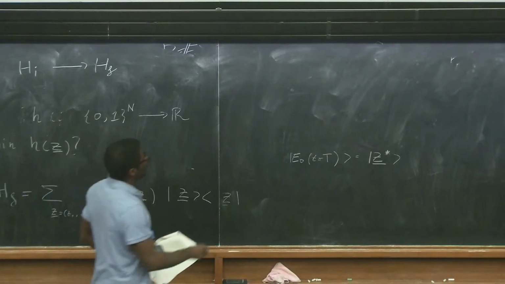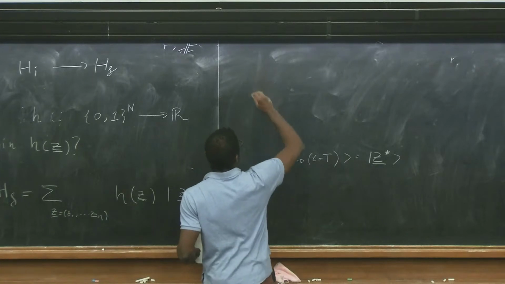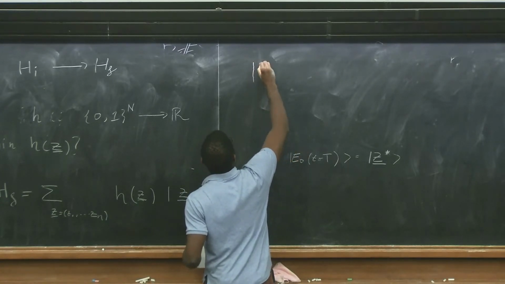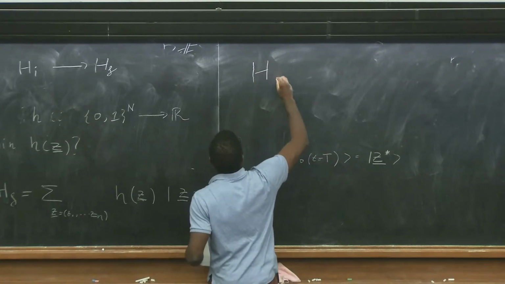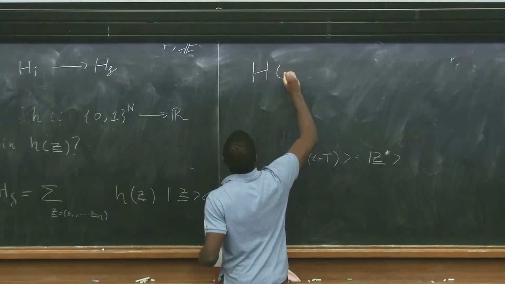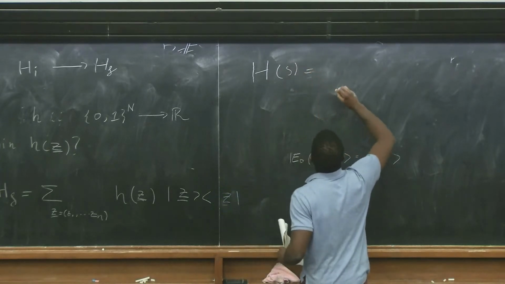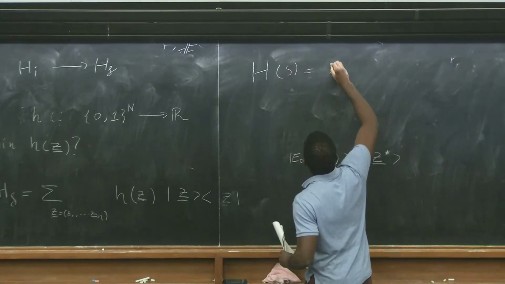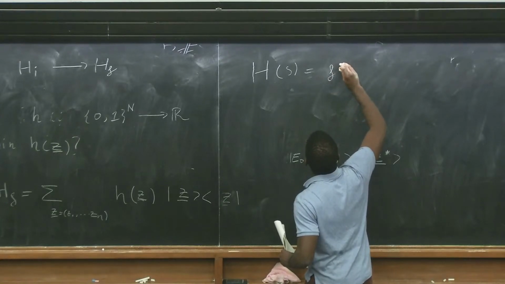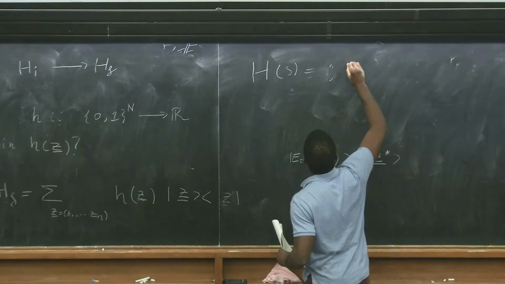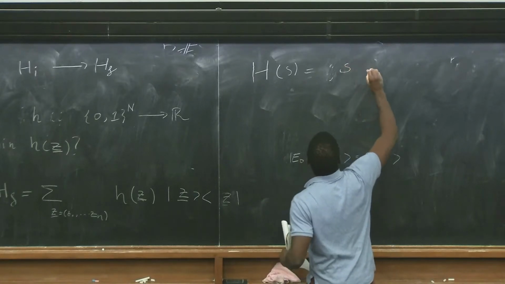To do this, we consider the following Hamiltonian, the interpolating Hamiltonian H of S. Let me give you a simple form, but this can be changed.